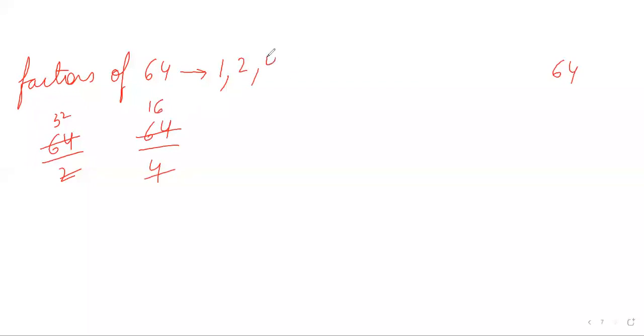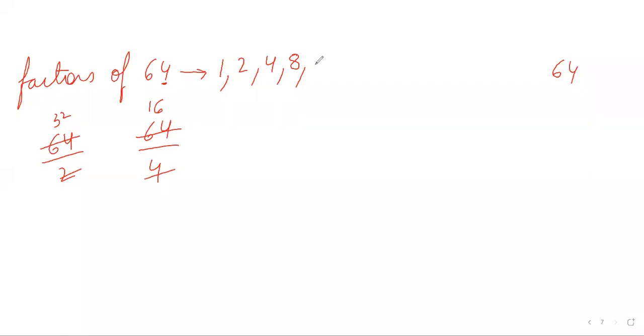So it is divisible by 4. It is not divisible by 5 because at unit place the number is 4. If I check it by 6, it is not divisible by 6 also, not by 7, by 8, yes, not by 9, 10, 11, 12.